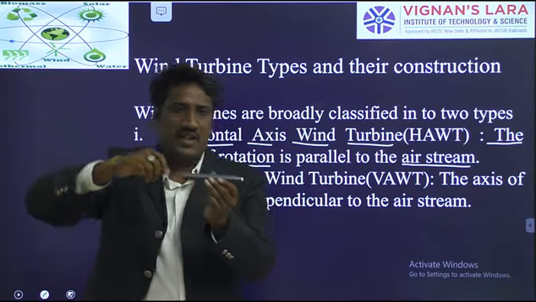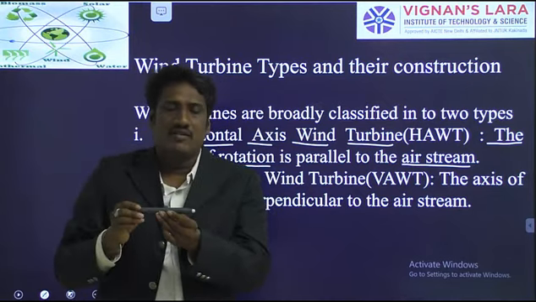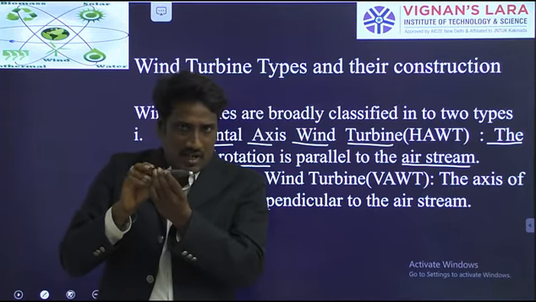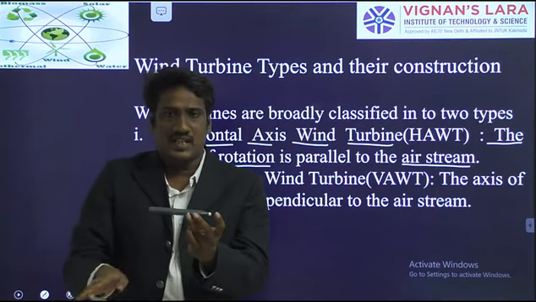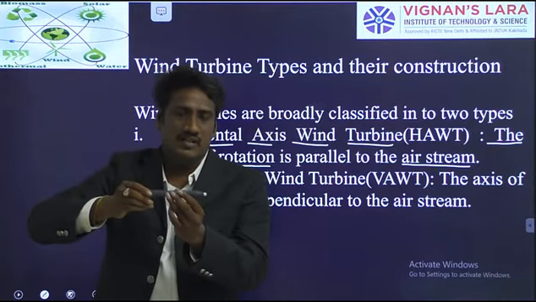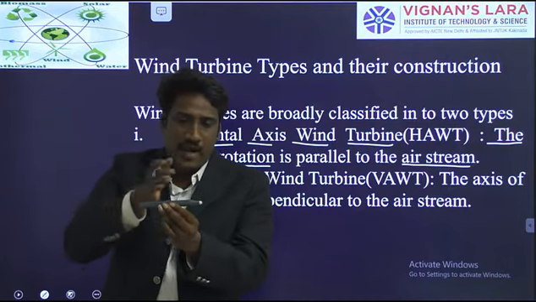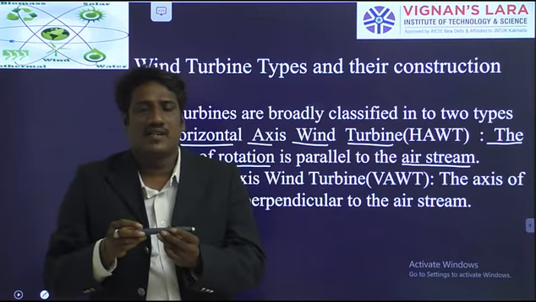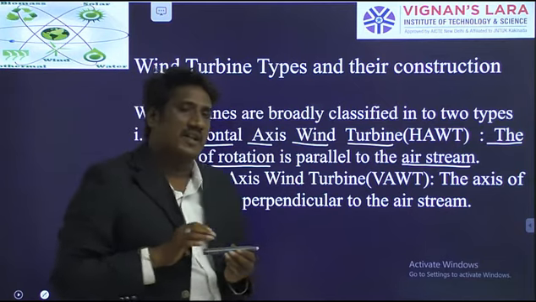Air may blow, for example, east to west or north to south. If the axis of rotation of the shaft is horizontal with respect to the earth, and the rotation is also in a horizontal manner, and the wind blows parallel to the axis, likewise you can have a horizontal axis wind turbine, HAWT.